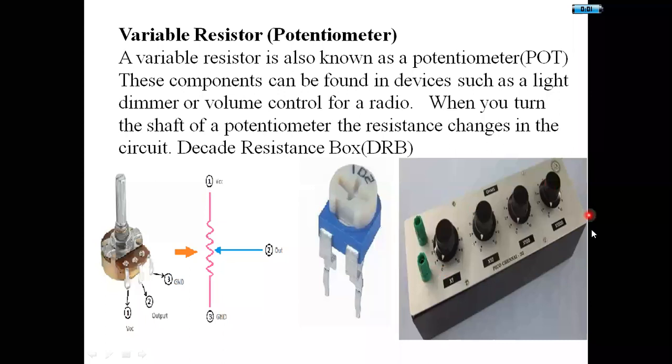This is the decade resistance box. Within the ranges of tens, we can change some resistance values, which we call DRB. D means decade. This is times 1, times 10, times 100, times 1000, like this. It is multiplied in terms of tens here.